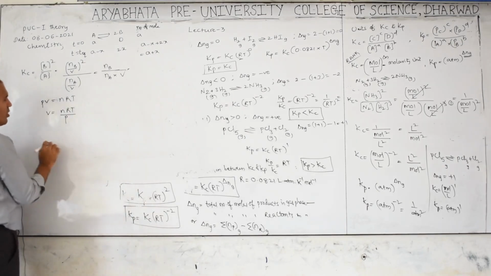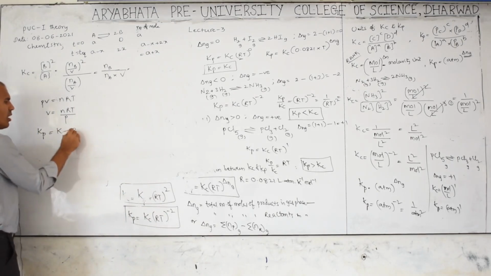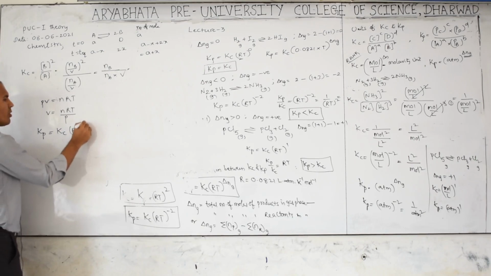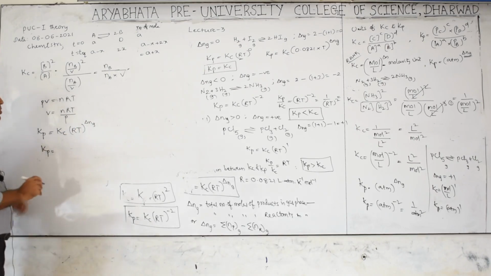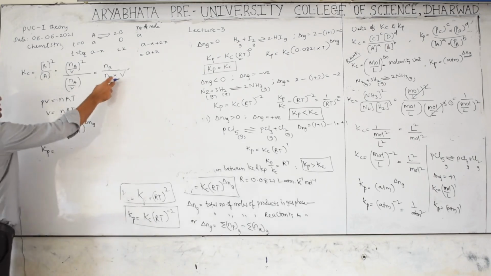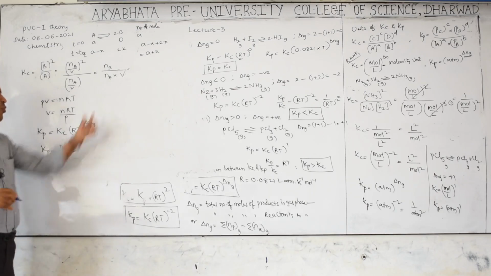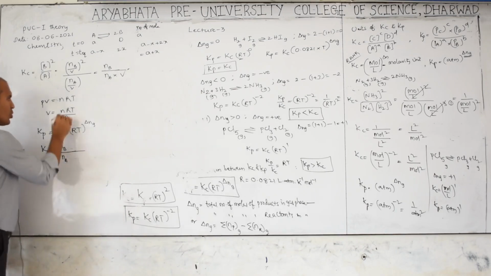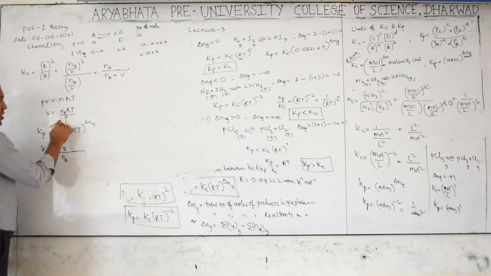Then based on this we can put here Kp is equal to Kc RT whole power delta Ng. Now in this case Kp is equal to Kc, meaning this one: number of moles of B by number of moles of A. Volume means what? This is total moles, Nt, I will write total moles. This is the total pressure, P total.